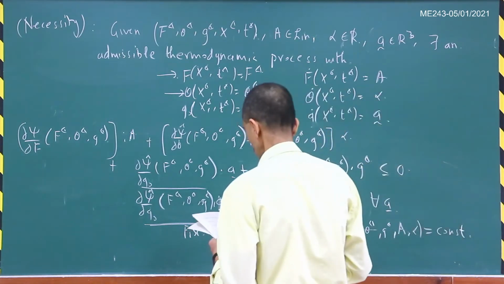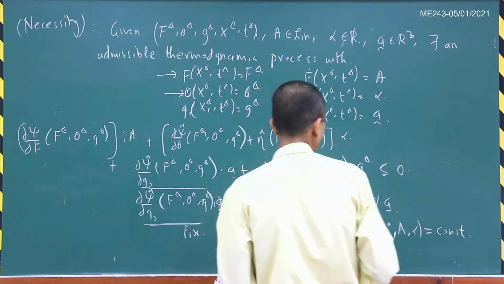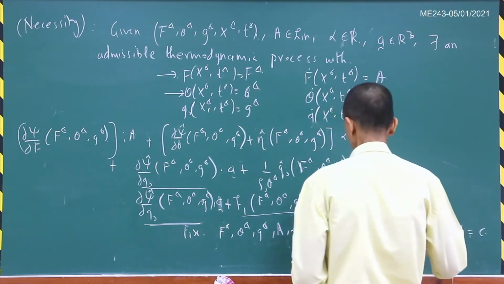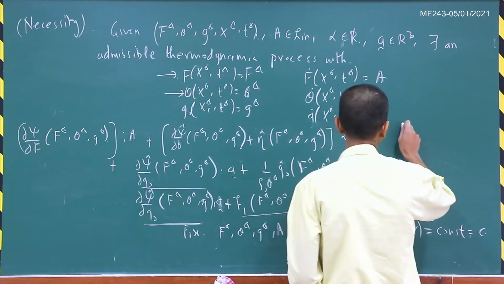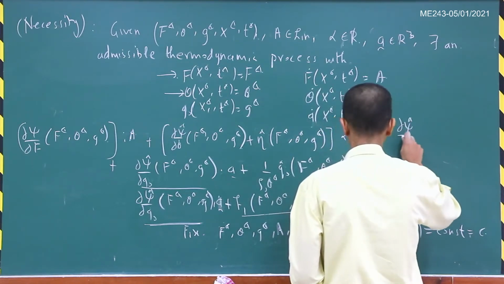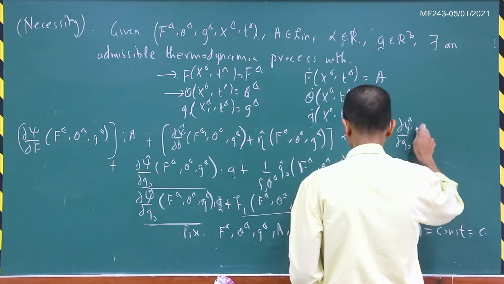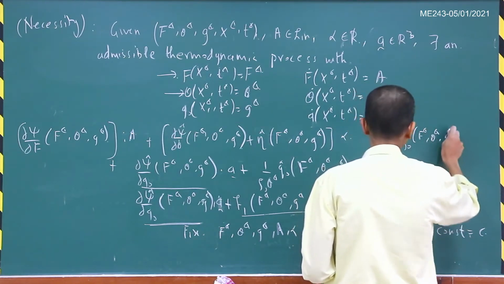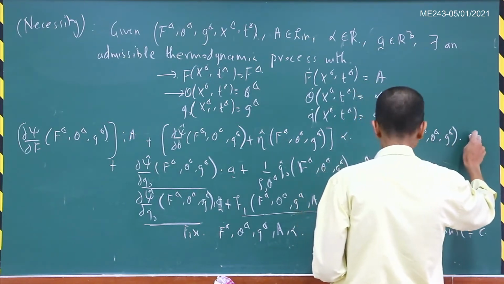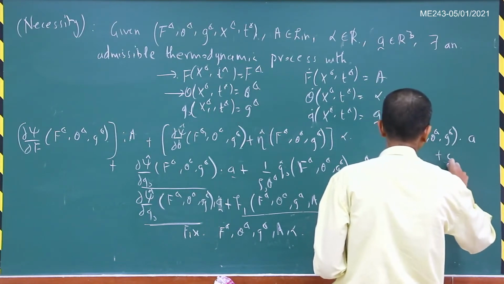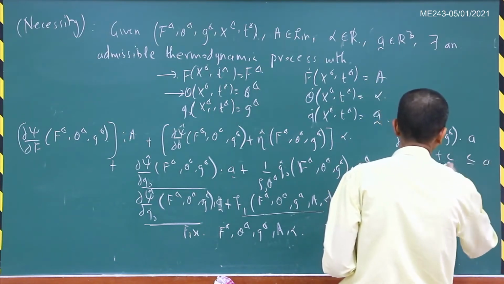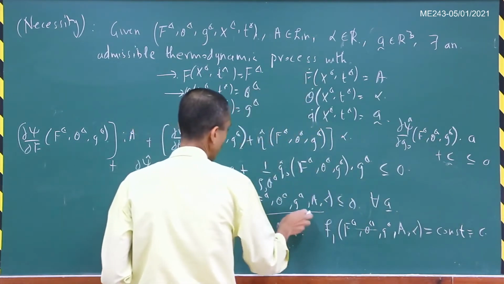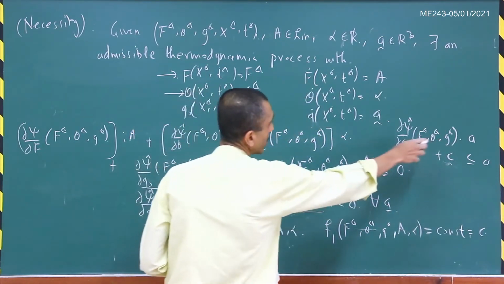Let us call it c. Then what we'll get is that del xi hat by del G naught evaluated at F diamond, theta diamond, G diamond dot a plus c is less than or equal to 0. So this part here plus this is now some constant c. That is what I am writing.